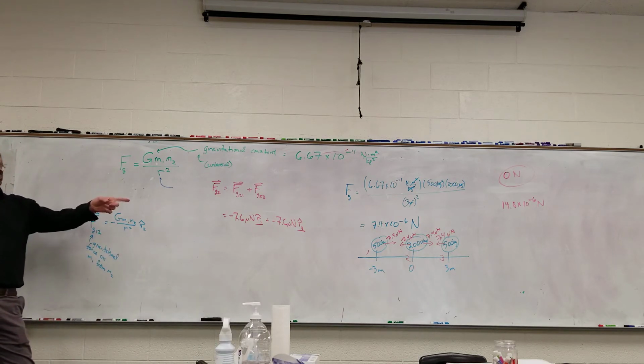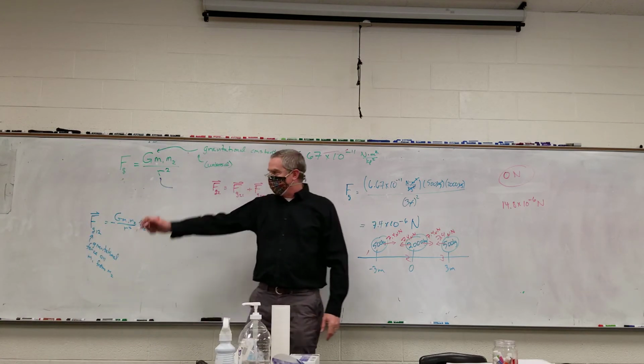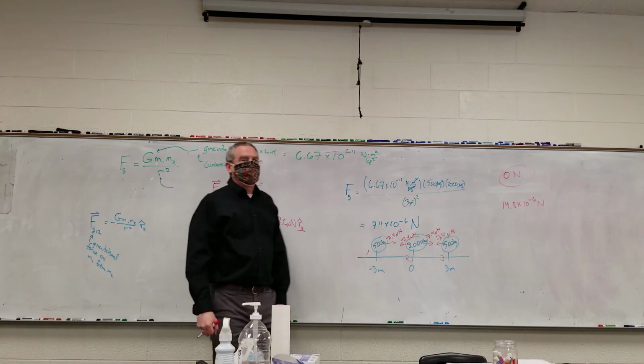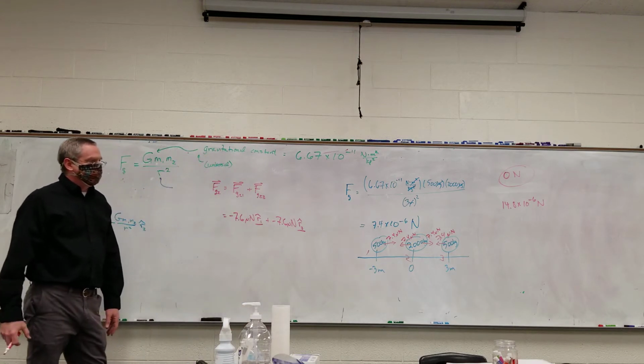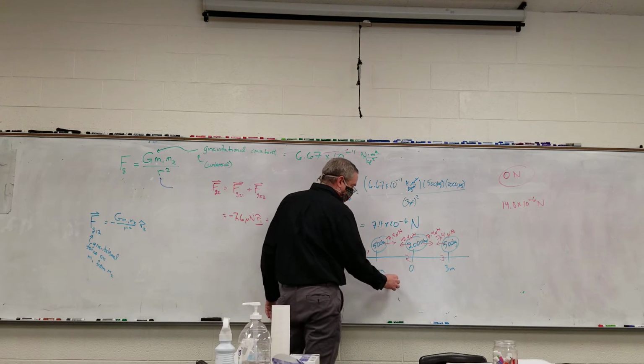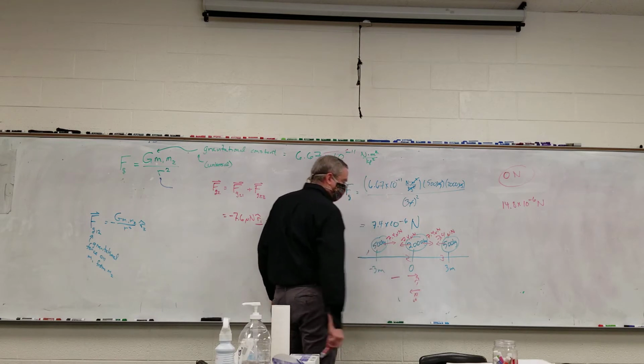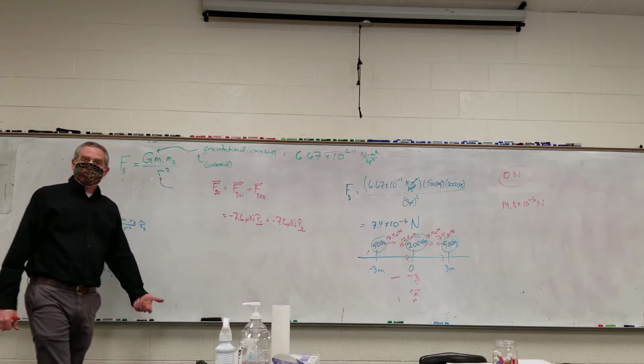Where the problem takes place in the middle, R1 hat is going that way and R3 hat is going that way. So if you're doing strict adherence to the math, you need to reconcile it. In the middle here, R1 hat's going this way, R3 hat's going that way. They're in opposite directions.